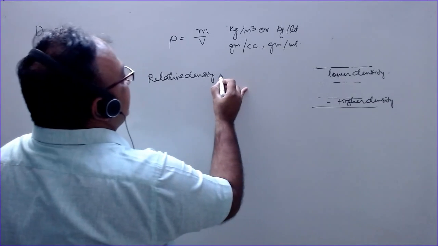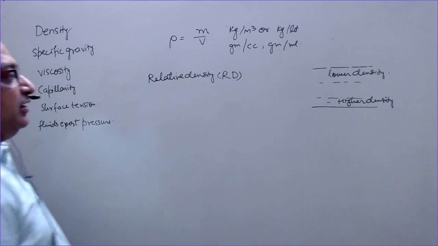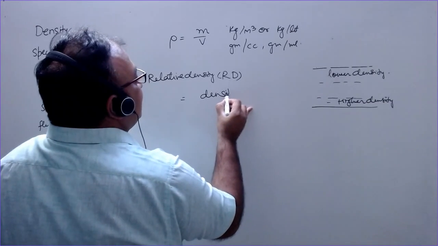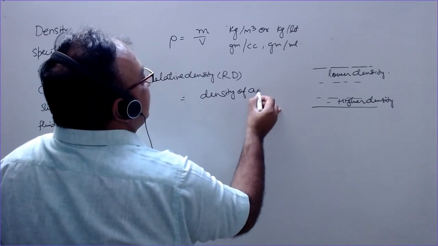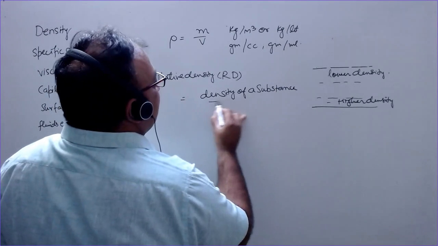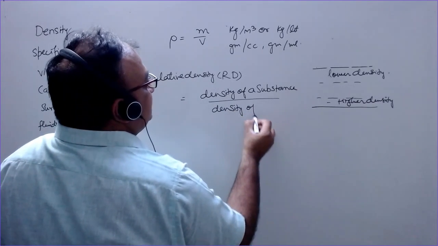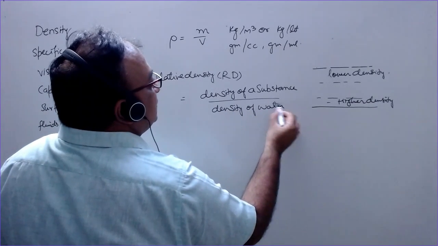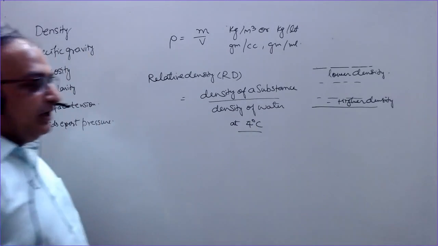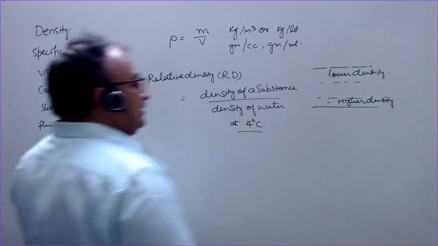So relative density, also written as RD or specific gravity, is defined as the density of a substance, meaning solid or liquid, divided by the density of water at 4 degrees Celsius, because water has maximum density at 4 degrees Celsius.